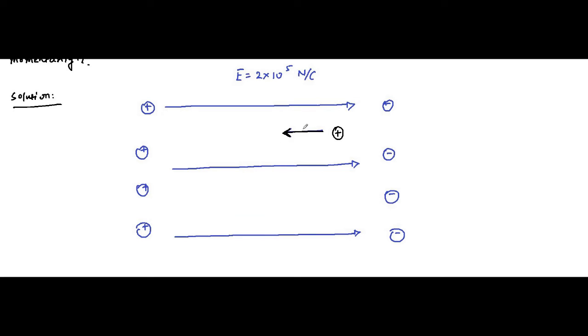So what will happen is that it will cover a certain distance and then it will come to rest because it is going against the field. This positive side will repel it, but as it is given some initial speed, 20 meter per second, it will cover a certain distance but get retarded because it is going against the field.